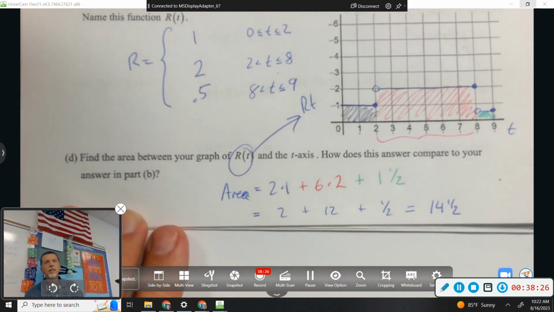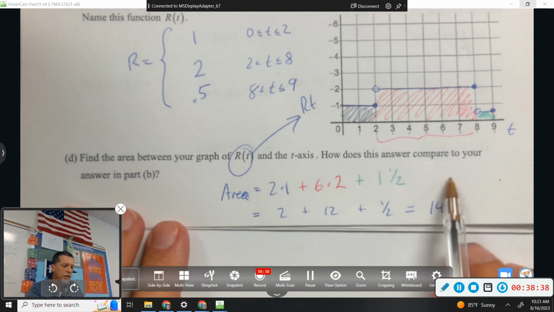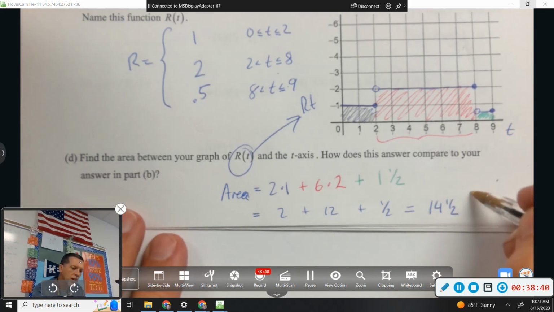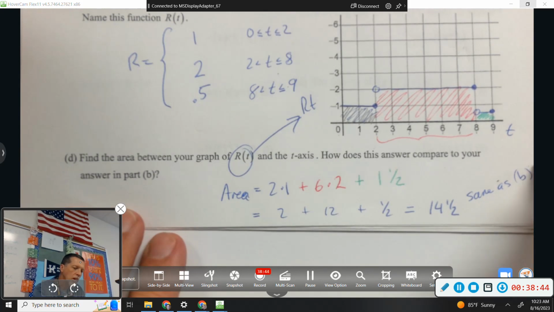Does that number sound familiar? That's how much snow fell. Like we already figured that out. We didn't do it that way, but that's how much snow fell. How does this answer compare to part B? It's the same as B. It's how much snow fell.